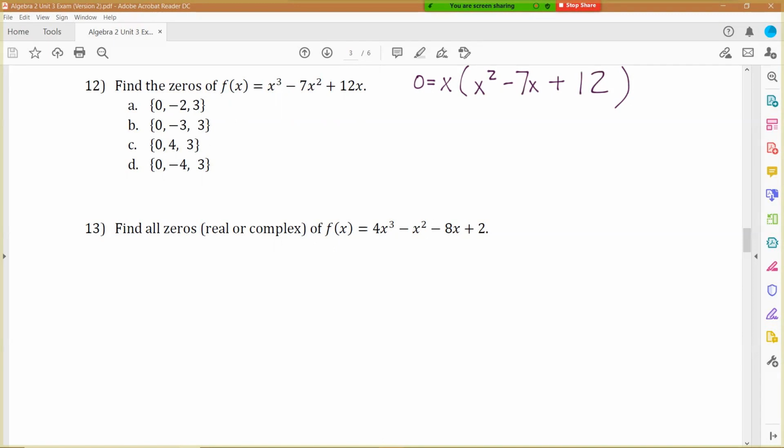Then I want to factor what's inside those parentheses. So take a moment and factor that to get your two factors.